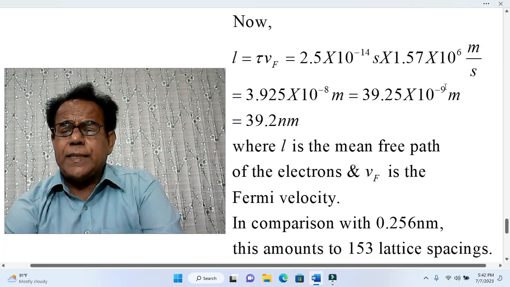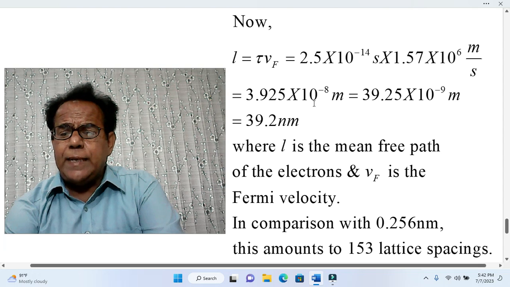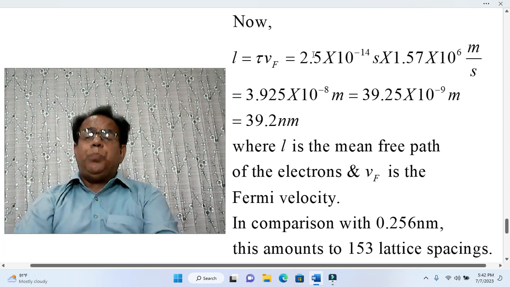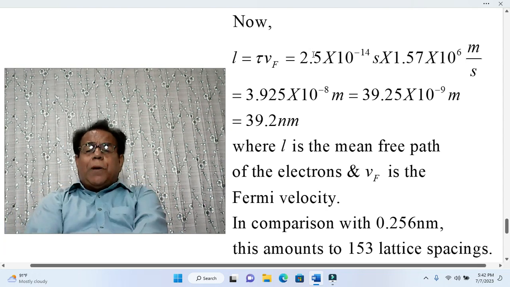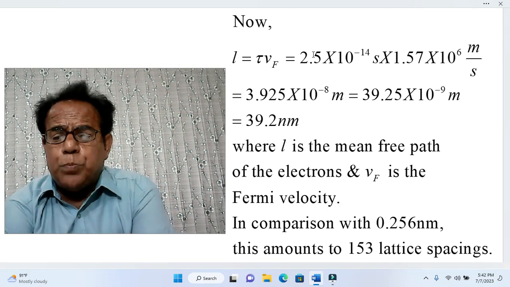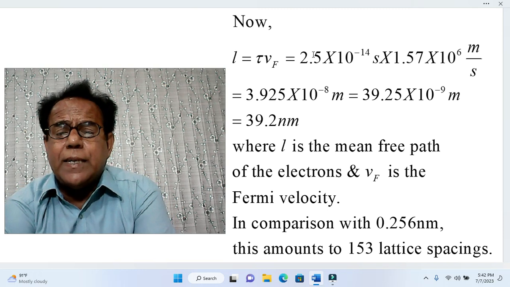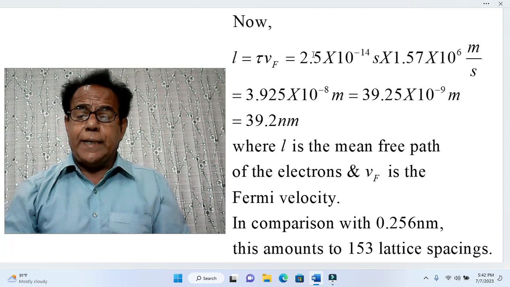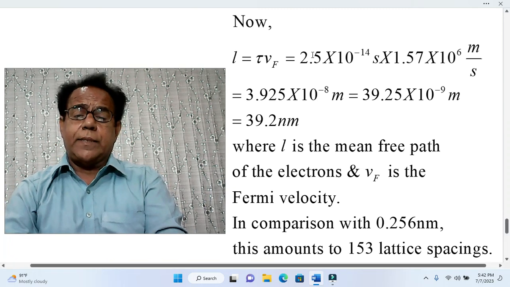After simplification, second will be cancelled with second and our answer will become in meter, and this 10 to power minus 14 will be adjusted with 10 to power 6, and as a result we will get 10 to power minus 8. But we know that 10 to power minus 8 is not very important for us.